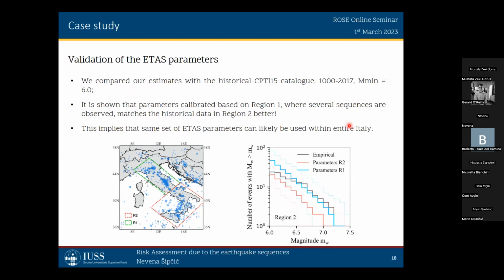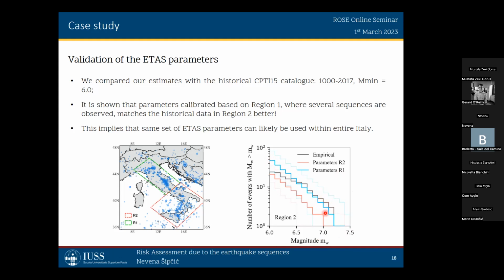Which would imply, you can see that here where we compare the maximum magnitude frequency distribution. You can see that the blue line, which is the parameters calibrated based on region 1, matches the empirical data for larger magnitude better than the set of parameters calibrated based on region 2.